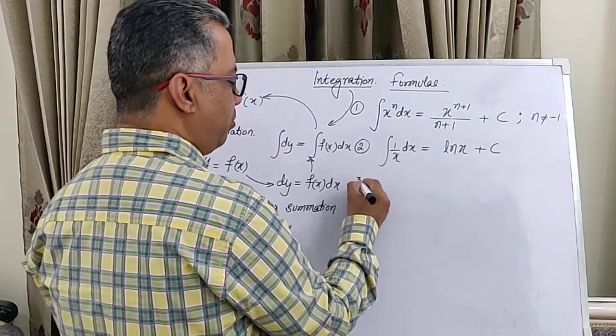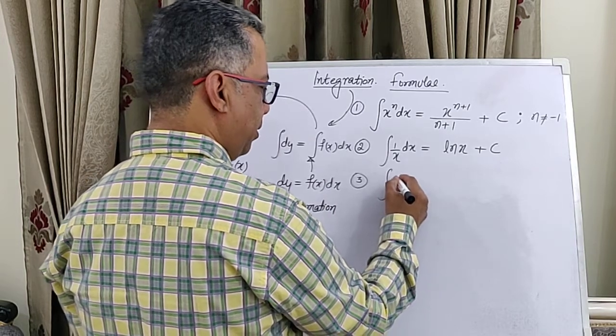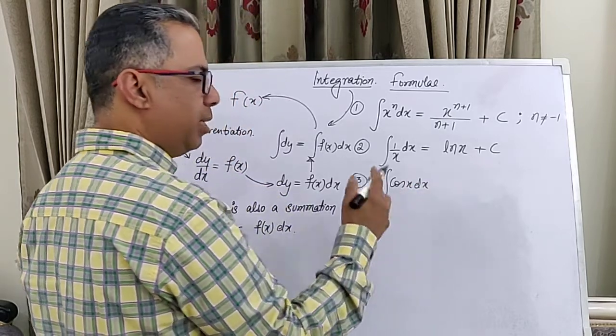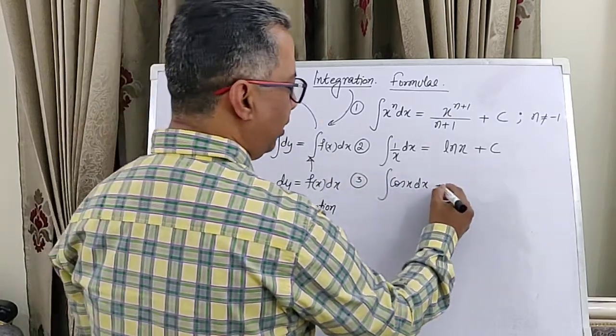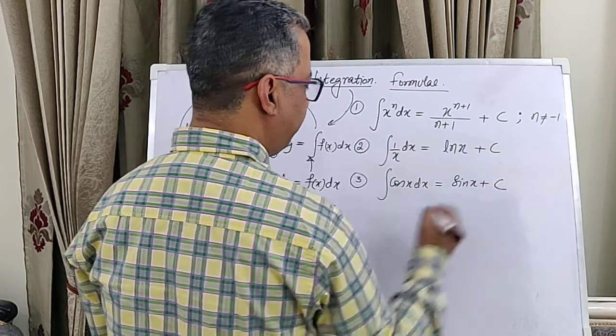The third formula, when you integrate cos x dx, you will recall that cos was the derivative of sine, so we get sine x plus c.